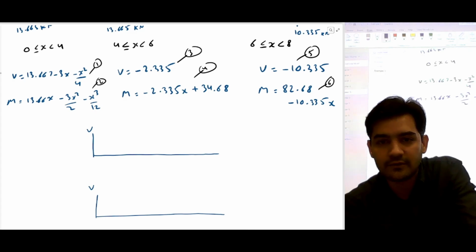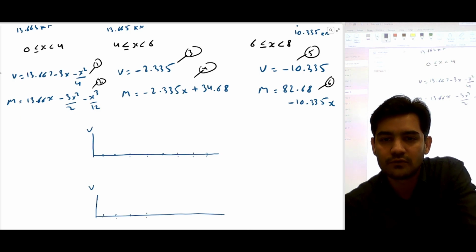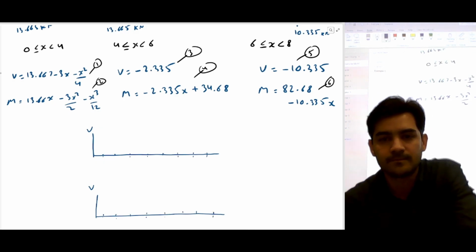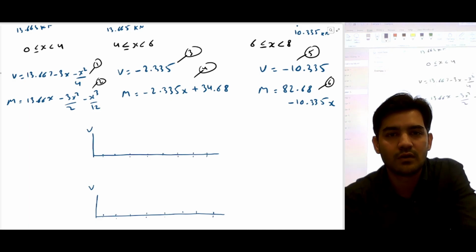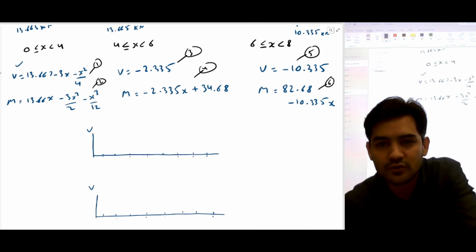And we have total 8, right? 1, 2, 3, 4, 5, 6, 7, 8. So we're going to use from 0 to 4.